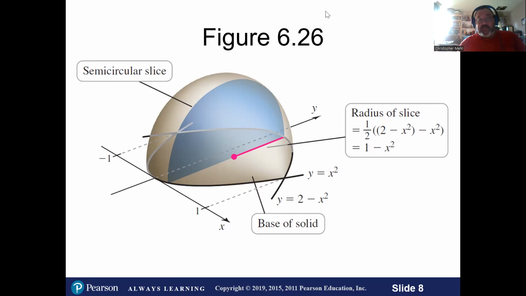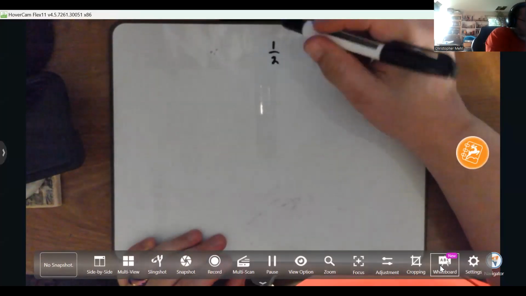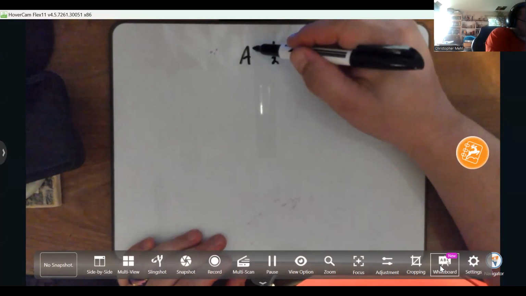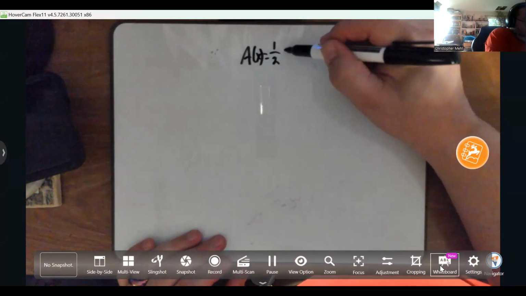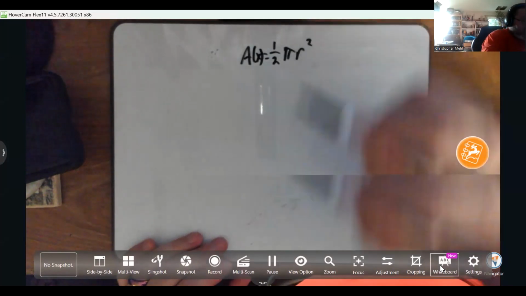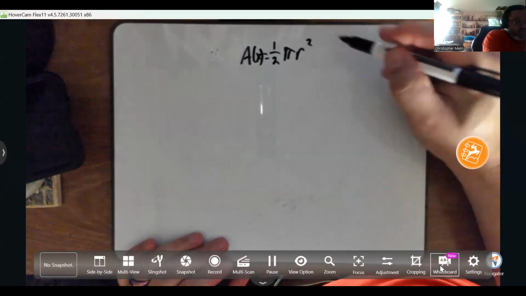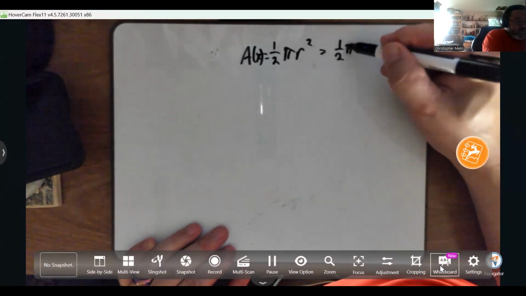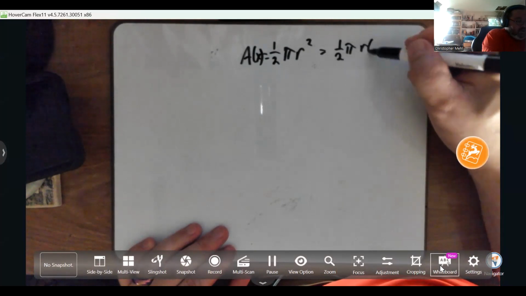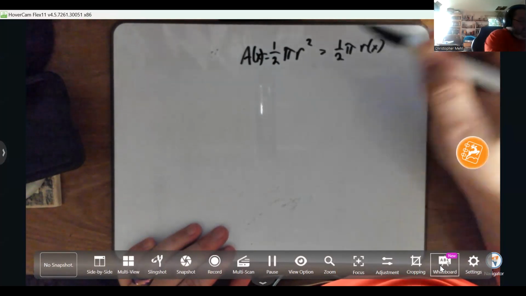Okay, so we're saying the area of each cross section is going to be 1/2 pi r squared. And so we just need to know what r is, where r is a function of x.